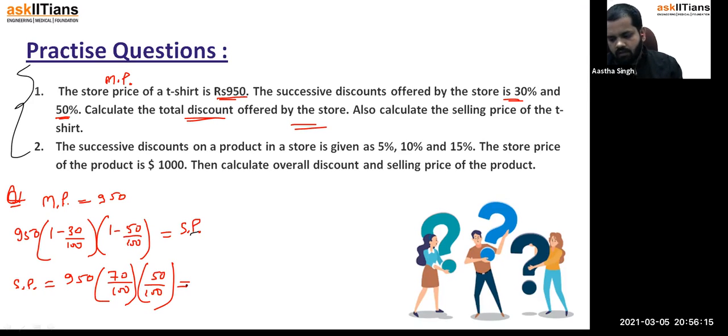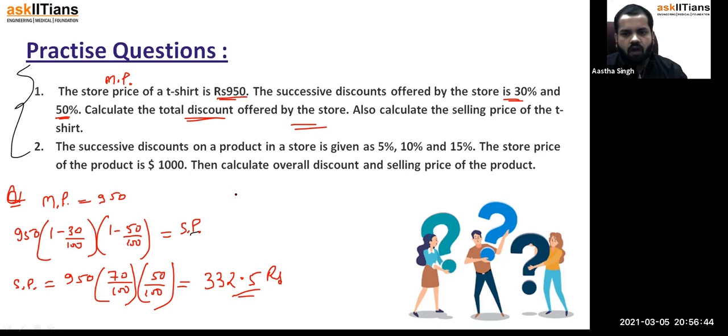And if you just do the calculation, the zeros will cancel out and the answer will be 332.5 rupees. This will be your final selling price. Okay.